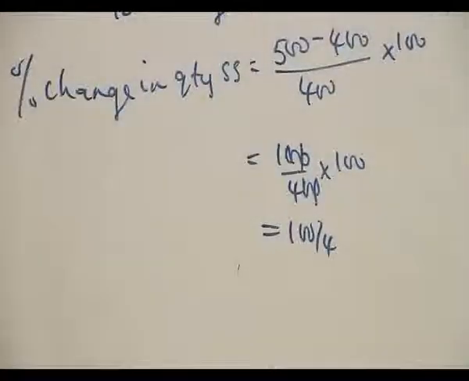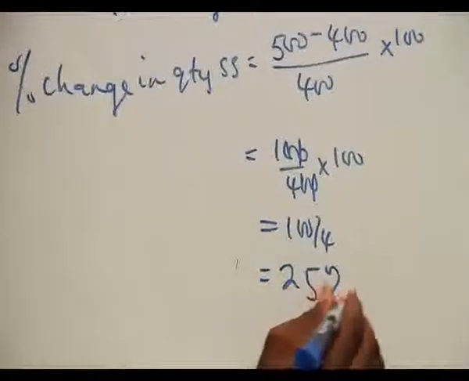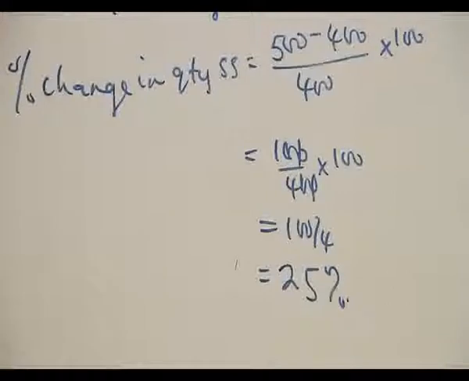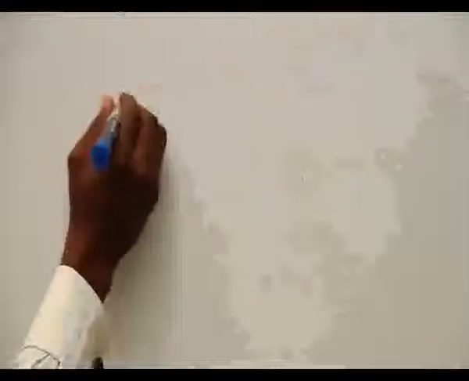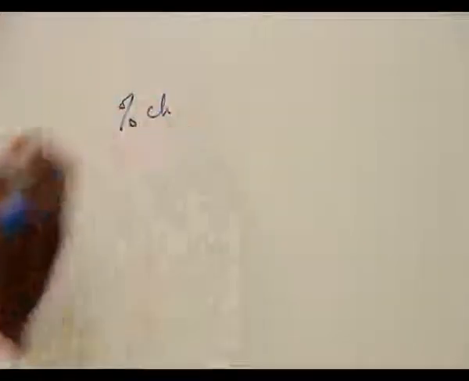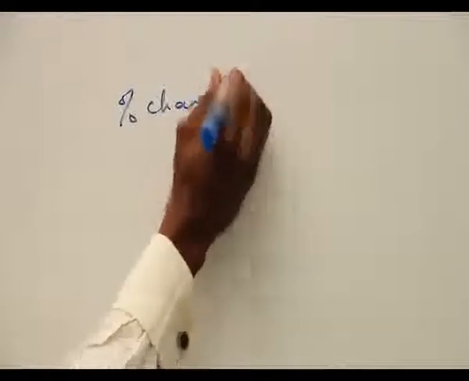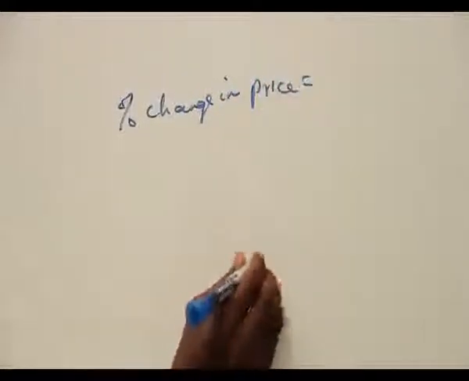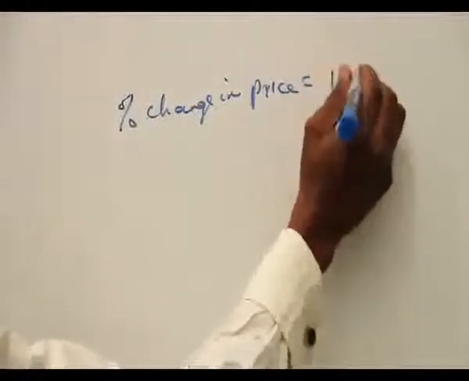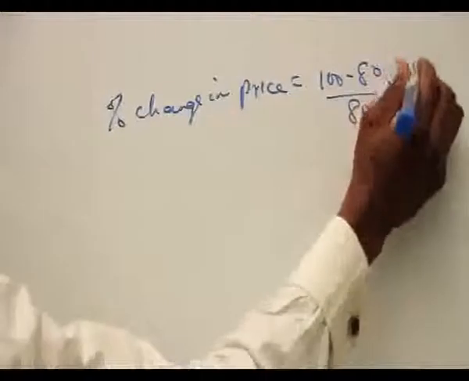Our percentage change in quantity supply will be 25%. We can now work out our percentage change in price. Percentage change in price equals 100 minus 80 divided by 80 times 100.